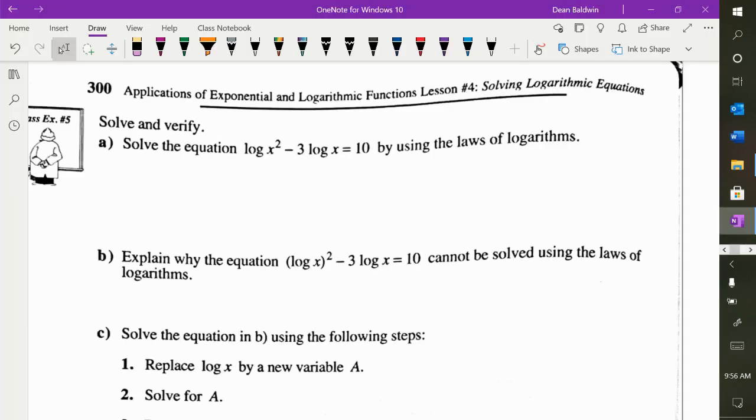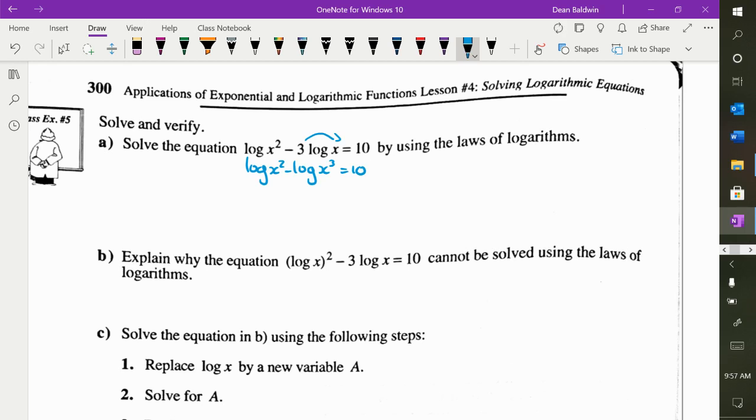Here we go. So if I asked you to solve this equation, log x squared minus 3 log x is equal to 10, what would you do? Yeah, so I'd move the 3 up. And then what would I do once I finish this?